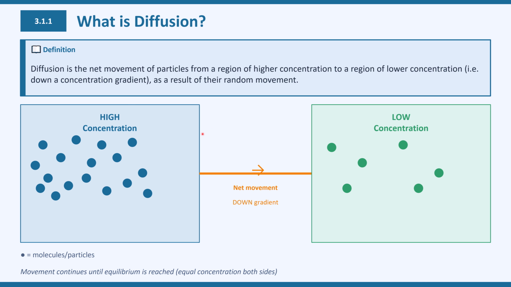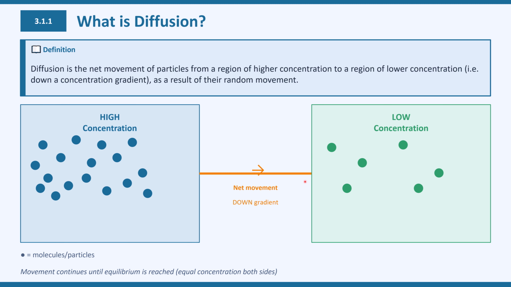Now, why does this happen? It's not because the particles want to move, it's a result of their random movement. If you look at the diagram, on the left we have a high concentration: lots of blue particles crowded together. On the right, the green box shows a low concentration.